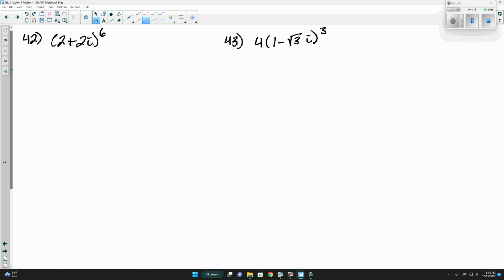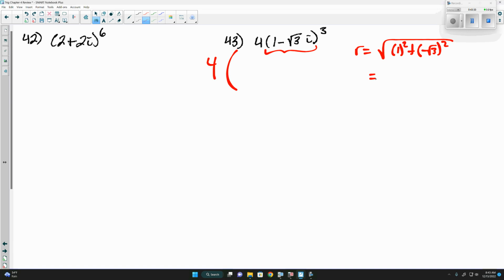43. One thing we'll need to do is convert. Really, we're going to have 4 times this here. So we'll need to get it in polar form. I know the bell's about to ring. So we'd have 1 squared plus negative square root of 3 squared.